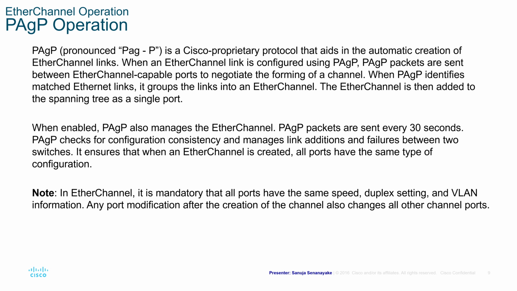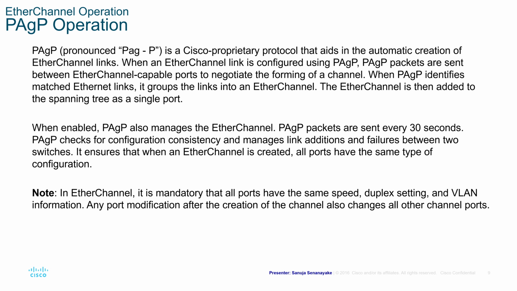It ensures that when an EtherChannel is created, all ports have the same type of configuration. So PAgP is also making sure of the consistency between devices that are being connected through these EtherChannels. Please note, in EtherChannel it is mandatory that all ports have the same speed, same duplex setting, and VLAN information.